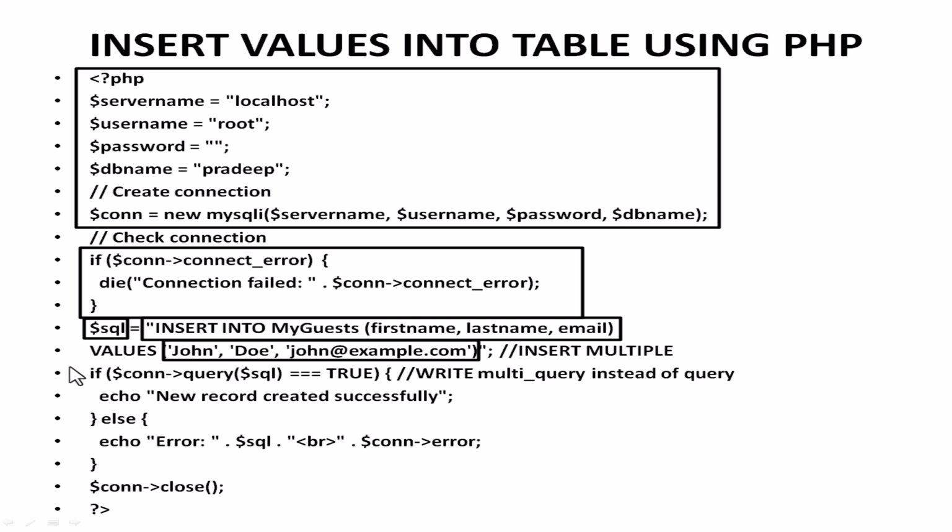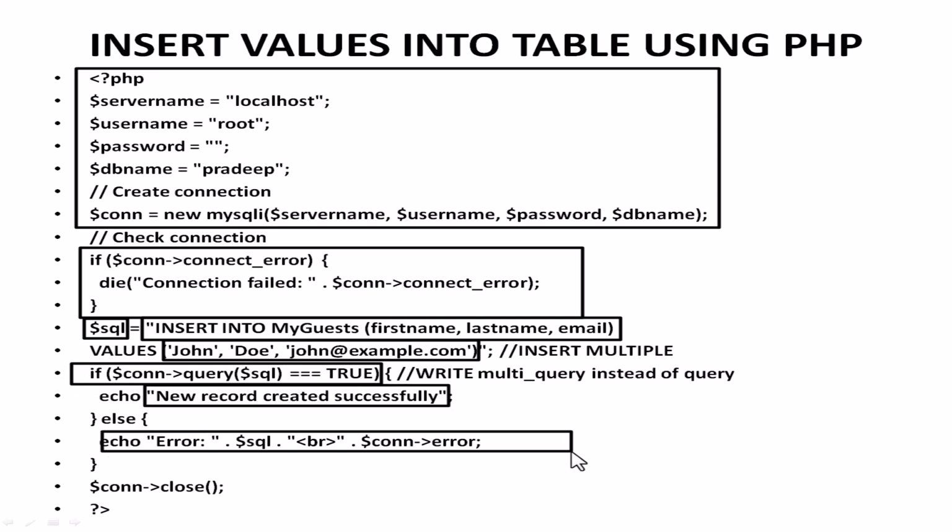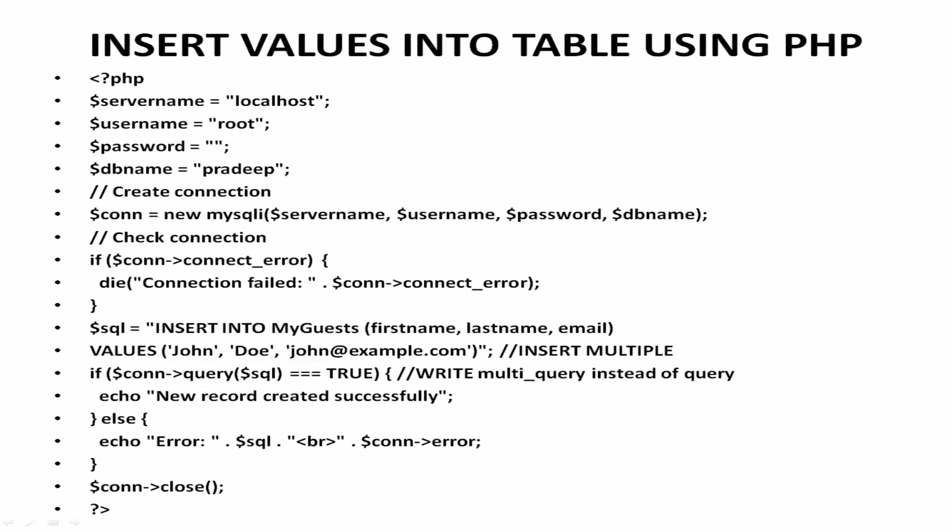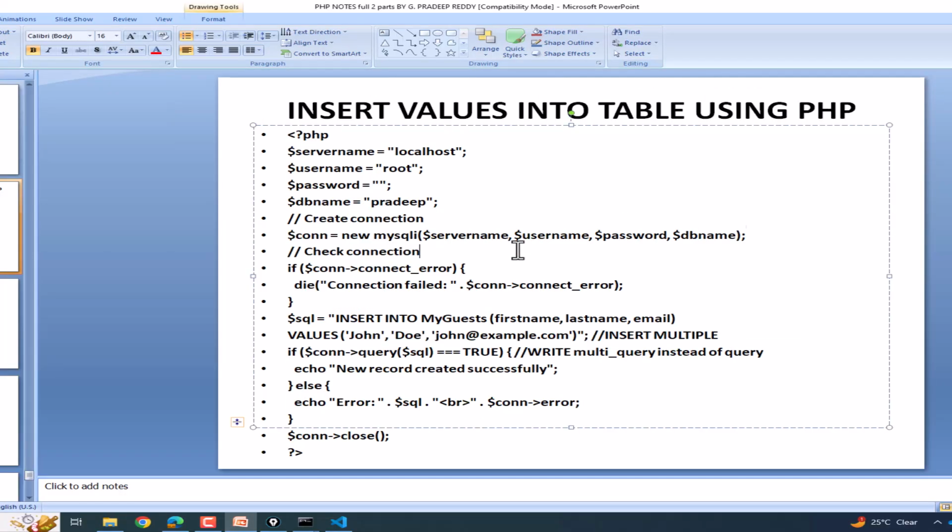If the connection is true and the insertion is a success, it is going to show the message record created successfully, else it is going to show an error, MySQL error, connection error. Let us execute this particular program.